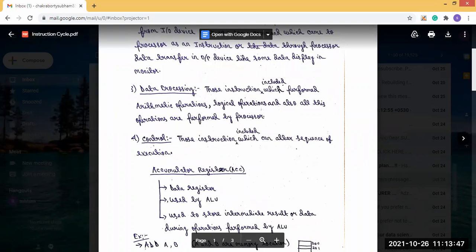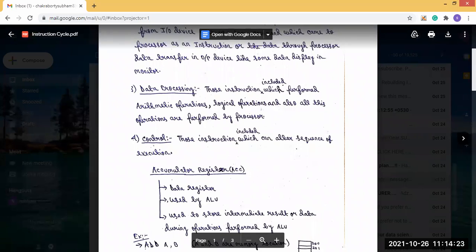But a special purpose register can contain either the data or the address, but simultaneously it cannot store both. The accumulator register is a special type of register that stores only the data. So we can say it is the data register. It is not capable of storing the address.